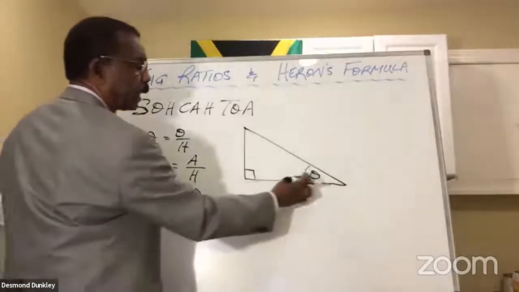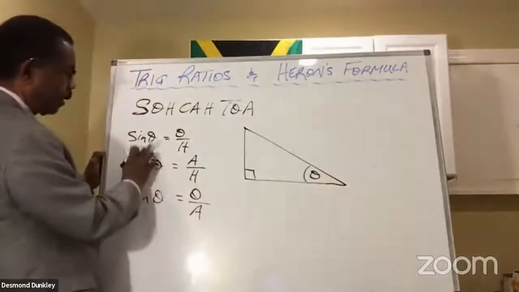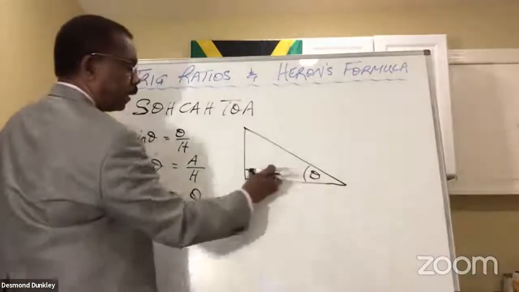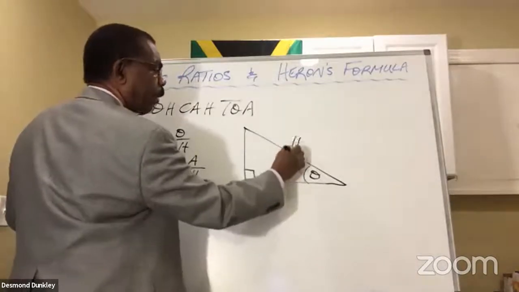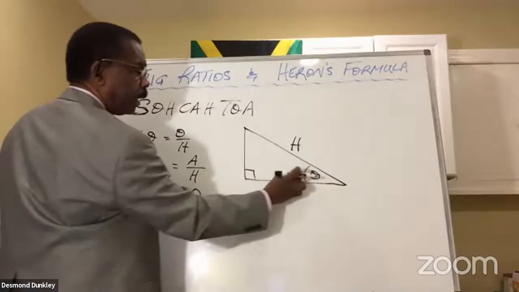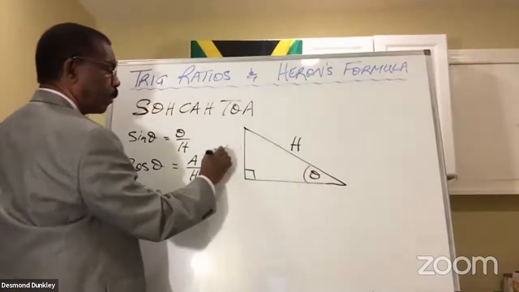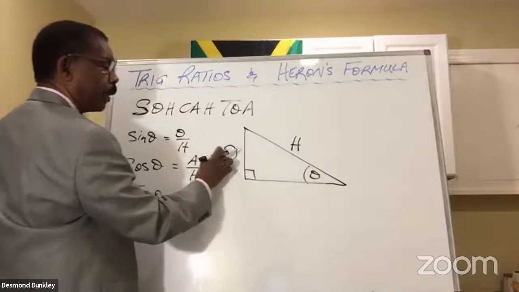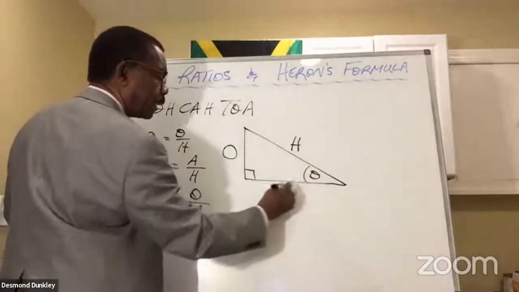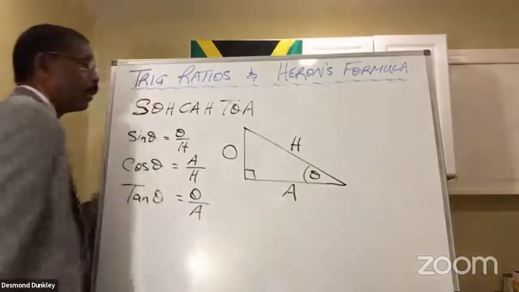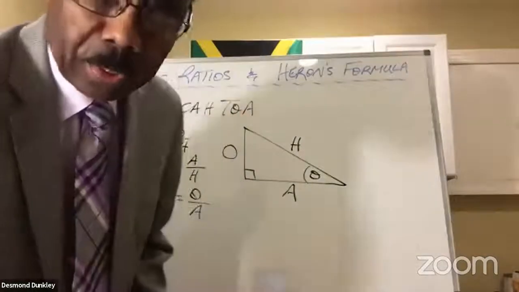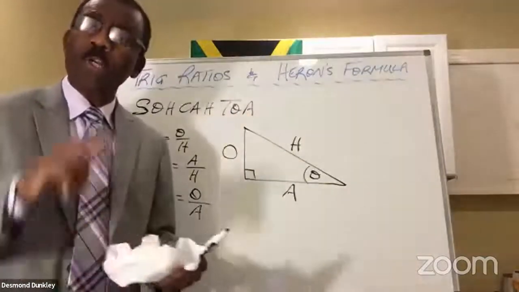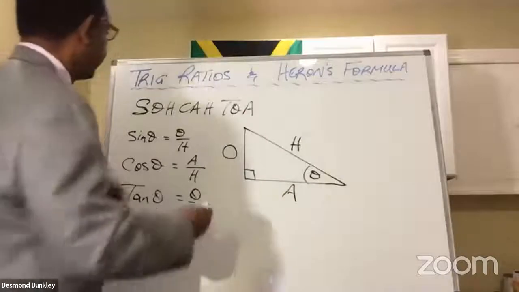If this is the angle theta that we're focusing on, we also know that the hypotenuse is always across from the 90 degree angle. The opposite is the one that is over here, opposite your angle, and the adjacent is beside. So those were the major highlights from last week. Now we're going to transition over into non-right triangles.